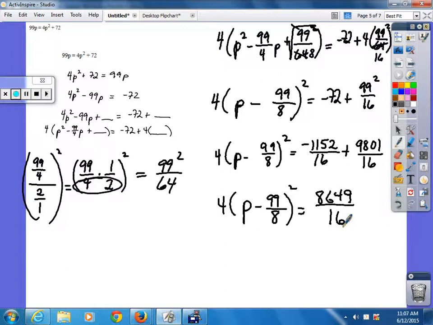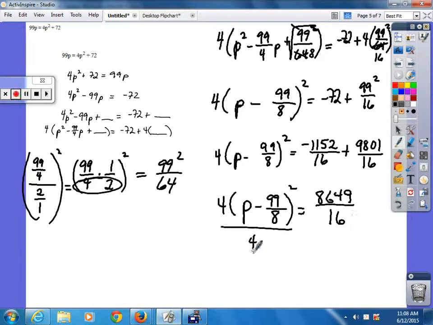And there's your vertex. Somebody take 99 divided by 8. What do you get? 12.378. Is that right? That's what we got. I think we got that, didn't we? I can't remember.